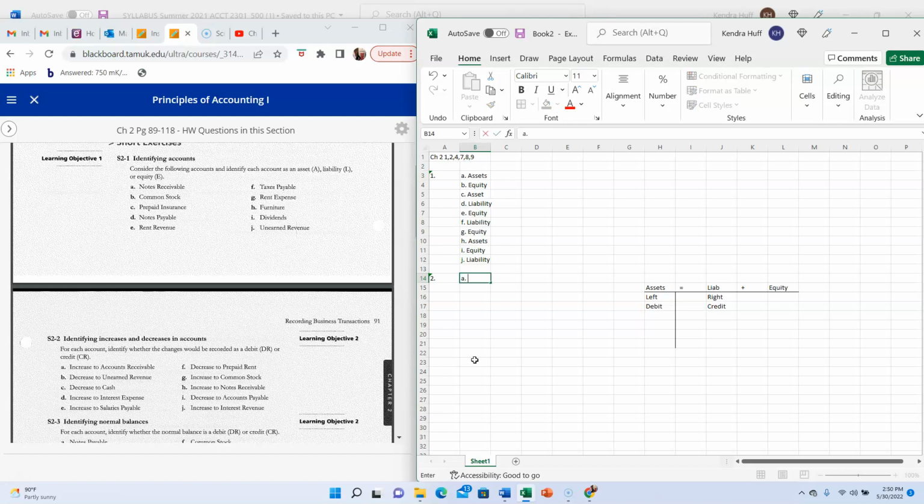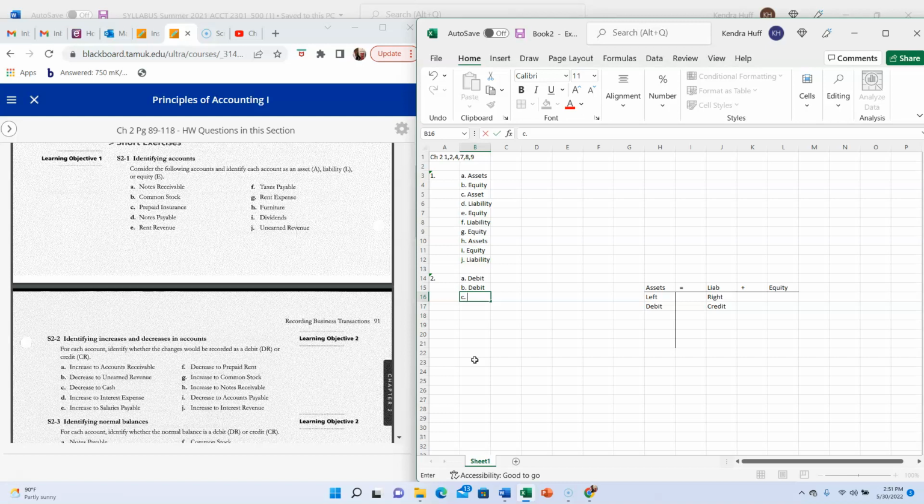All right, so increase to accounts receivable. Accounts receivable is an asset. You increase it with a debit. Decrease to unearned revenue. Unearned revenue is a liability. You decrease it with a debit. Decrease to cash.